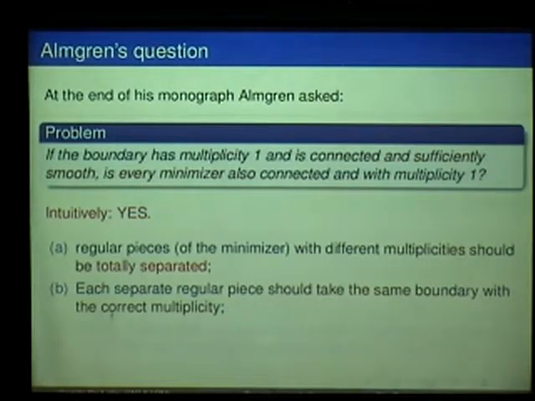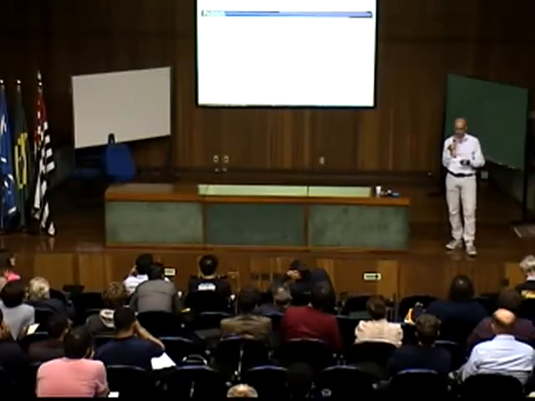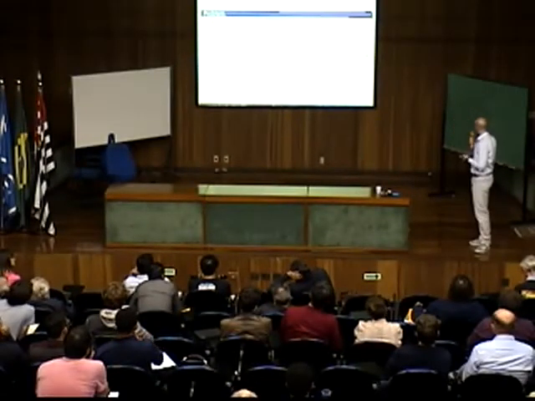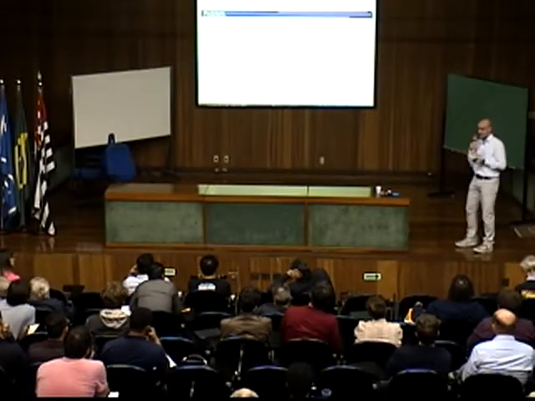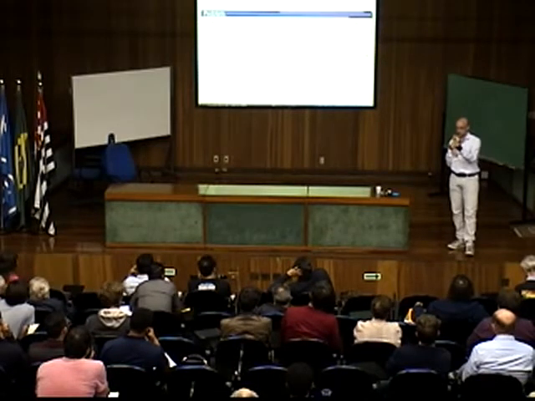So what you actually discover is that if you have full regularity, your minimizer should be decomposed into connected components. Each connected component is taking the boundary, and it's taking the correct boundary with a certain multiplicity. And then the sum of the multiplicities, which might be positive or negative, has to give 1. Okay? But if you have such a situation, of course, you could just say, wait a second, take one of the connected components.